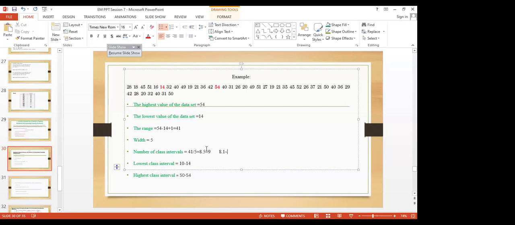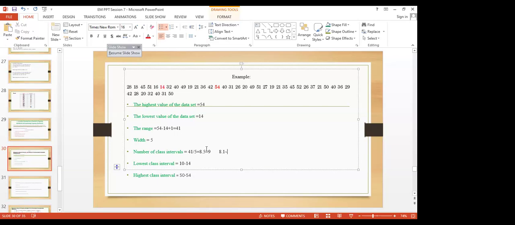So the number of class interval value becomes 8.1. It means the number of class intervals is going beyond 8. Therefore, if we use 8 here, we have to lose some data.